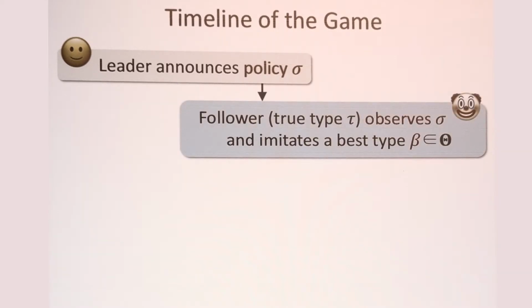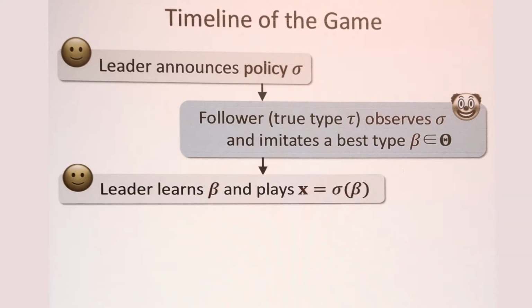Now the timeline of our game is the following. At the beginning of this game, the leader is going to announce his policy, which specifies his commitment against each follower type. And then the follower comes and observes the leader's policy and chooses from this leader's policy a best type to imitate.